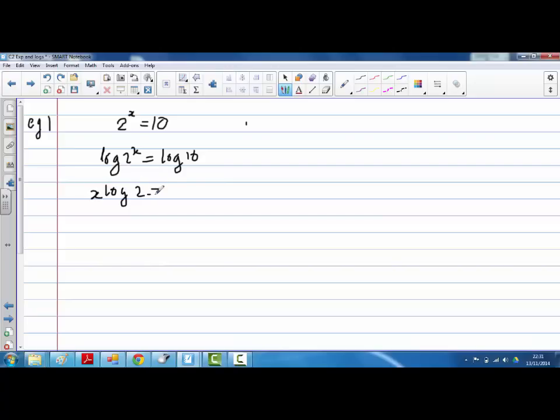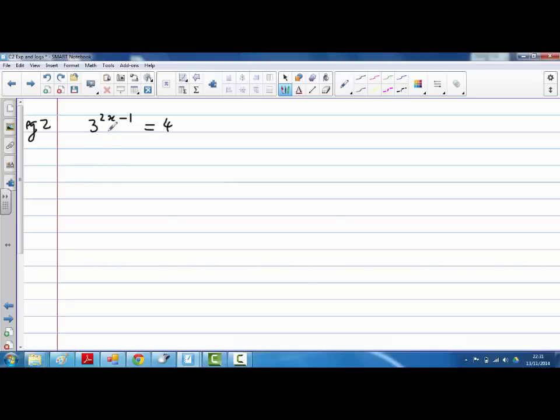We've got x log 2 equals log 10. Therefore x equals log 10 divided by log 2. And obviously you can put that in the calculator and work that out. Notice I haven't put any particular base in, and so therefore by default it's base 10.